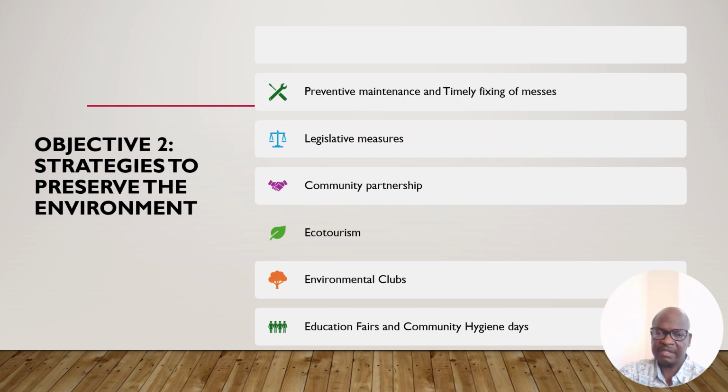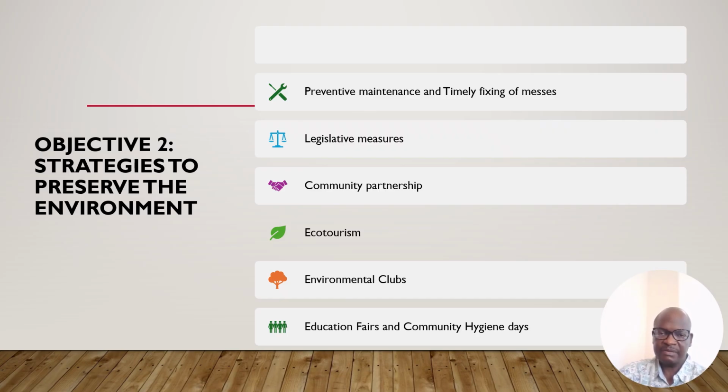We can generate income as members of this community by creating ecotourism zones, by having botanical gardens, where members of the public from different areas can visit our community and in the process bring us much sought income. In the process, they can buy, stay, and lodge in our facilities.